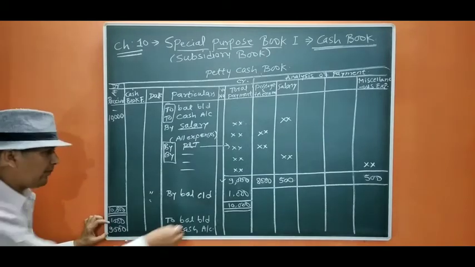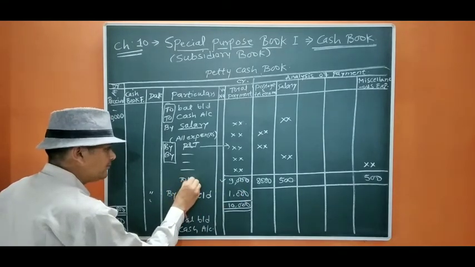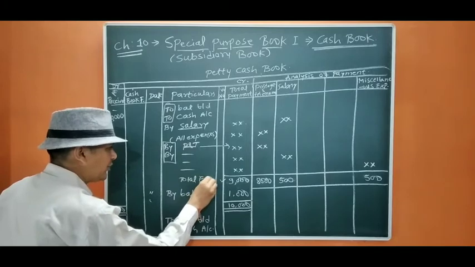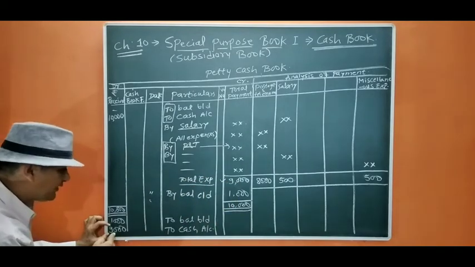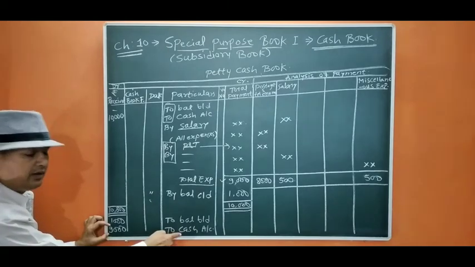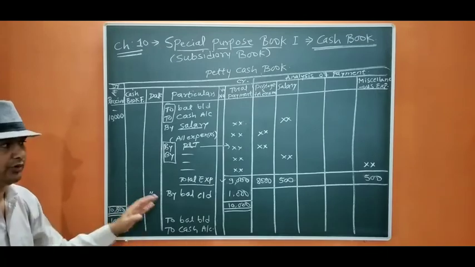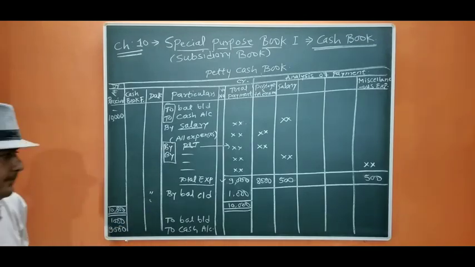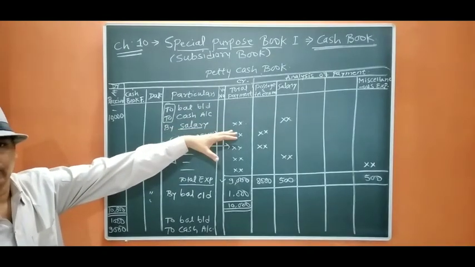Okay, so this amount which is already spent, this is total expenditure. Okay, I am writing for your sake. This is total expenditure which is again reimbursed by the main cashier to the petty cashier. This is very important. You should keep in mind. Okay, so this is how we are going to do the petty cash book.